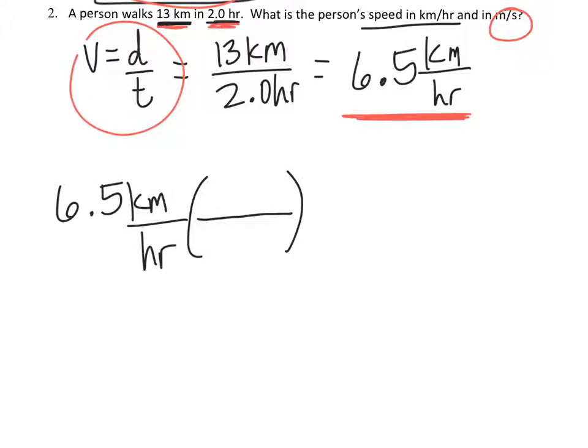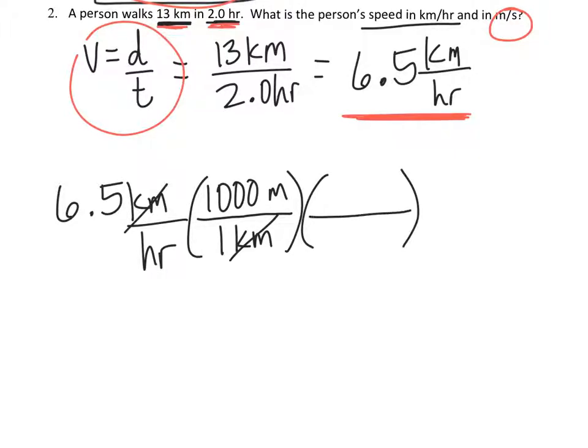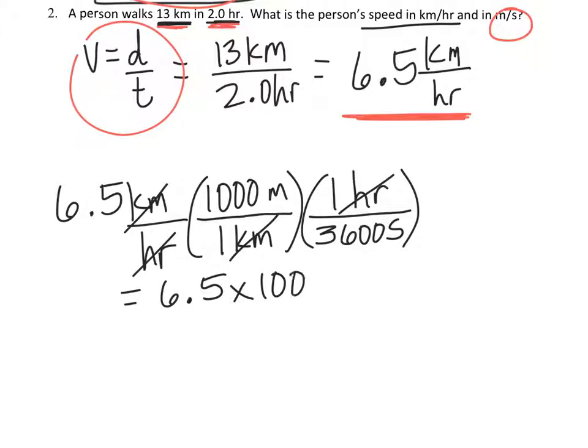So this time I want kilometers to cancel, so I'm going to put my 1 kilometer on the bottom and 1,000 meters on the top. And it looks like that. And next I want hours to cancel, so I'm going to say 1 hour is equivalent to 3,600 seconds. So that cancels. And then whatever's left over, I've got 6.5 times 1,000 meters times 1.